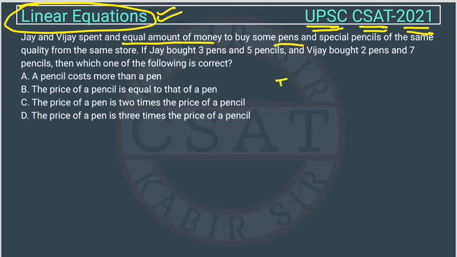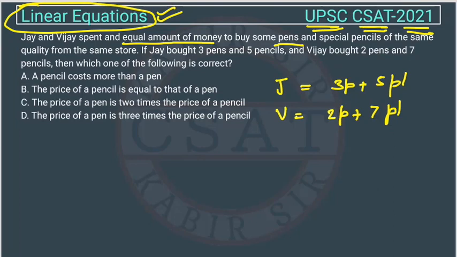Jay bought 3 pens and 5 pencils, so he is buying pens and pencils, right? And Vijay is buying 2 pens and 7 pencils, right? Which one of the following is correct?